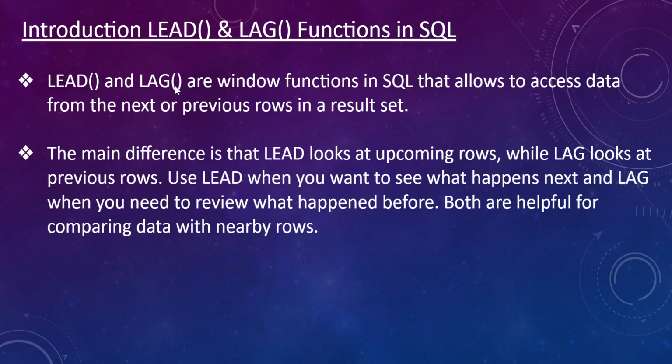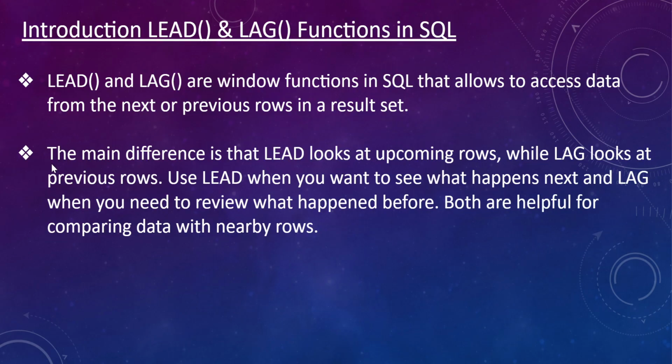Lead and lag are window functions, as I mentioned, in SQL, and they allow you to access data from the next or previous row in a result set. As the name suggests, lead means something forward or next. So lead allows you to access the data from the next row, and lag allows you to access the data from the previous row, because lag is something backward or behind.